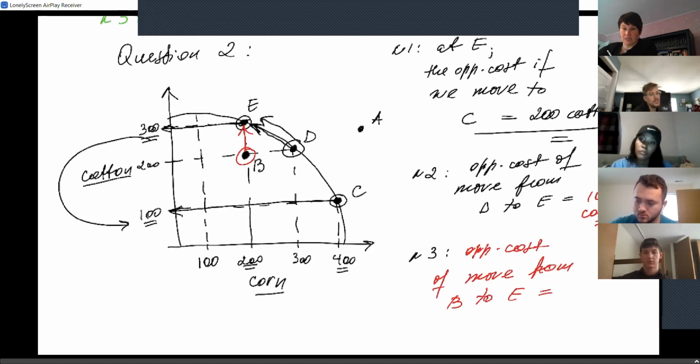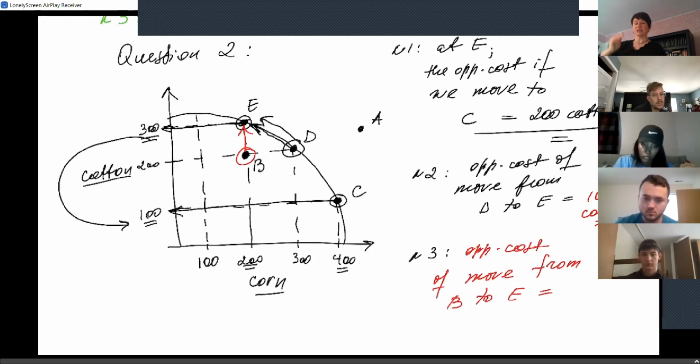For number 3, let's go back to number 3. What if we are currently producing at point B and would like to move to point E? What is the opportunity cost? What would be the loss? Are you not losing anything? You're just gaining? Very good.